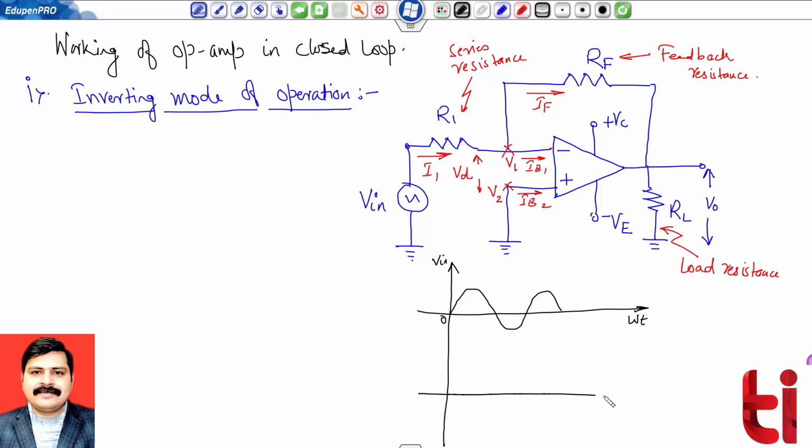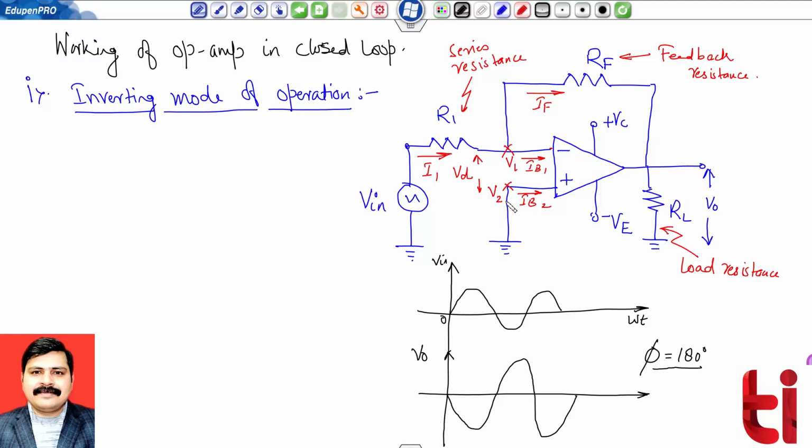My corresponding output should be a phase shifted and amplified version of the input. This is my output V naught, and you can check there is a phase difference of 180 degrees between input and output, and this is due to inverting mode of operation. We will verify mathematically how it appears.